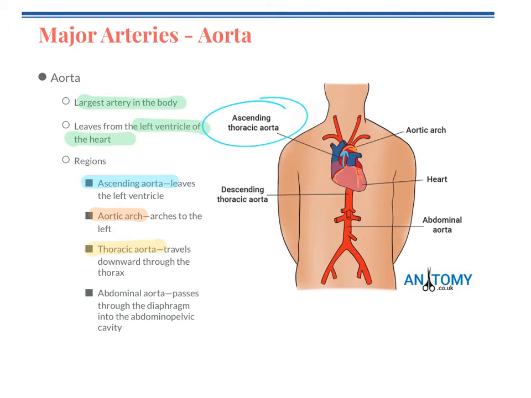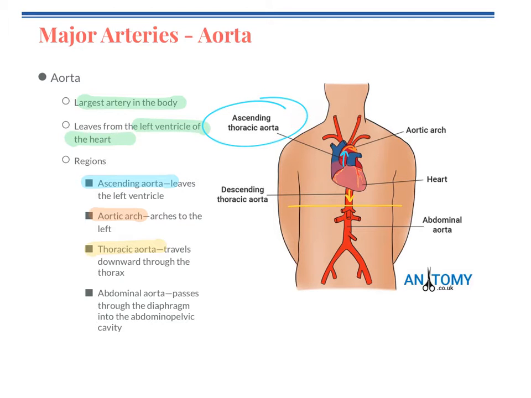The thoracic aorta is called the thoracic aorta because it's traveling downward through the thorax of the body. A good designation would be that the thoracic aorta is the aorta above the diaphragm.